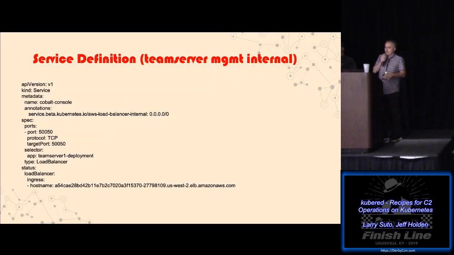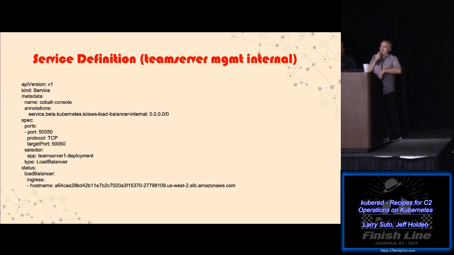Now I'm going to get into Ingress controllers. This is a service definition. When you start up the team server, by default you have port 50050 for connecting to it, managing it, creating the beacons and all that. You probably want to make that private.